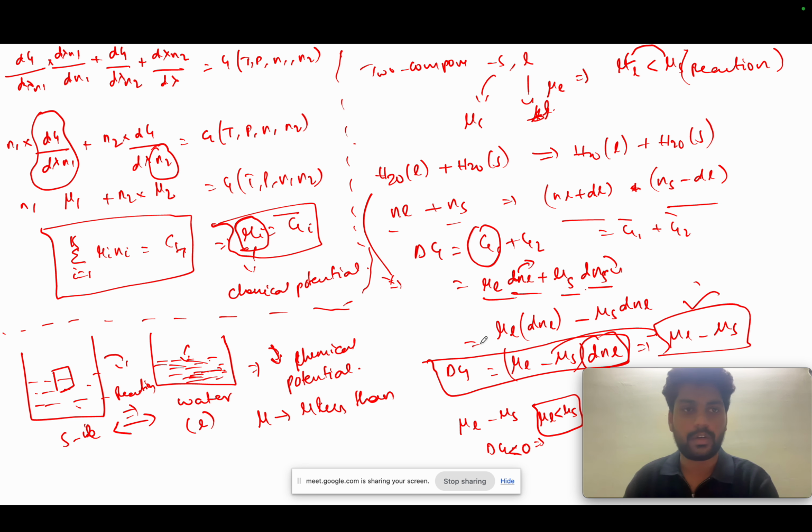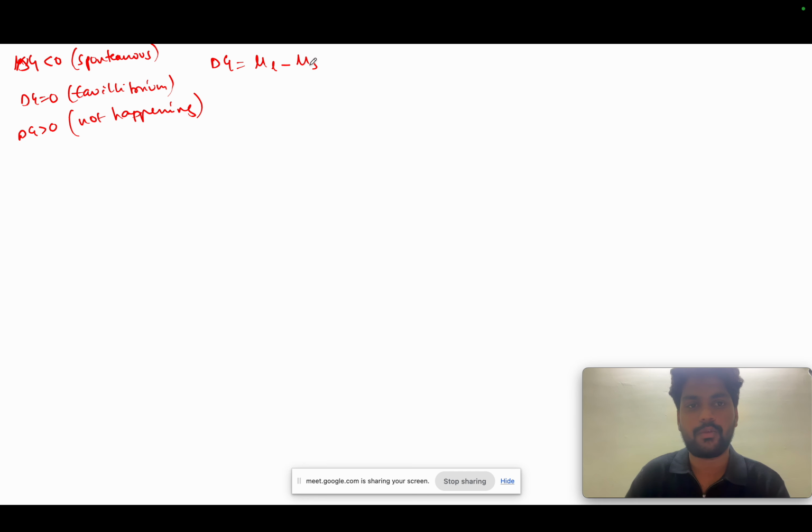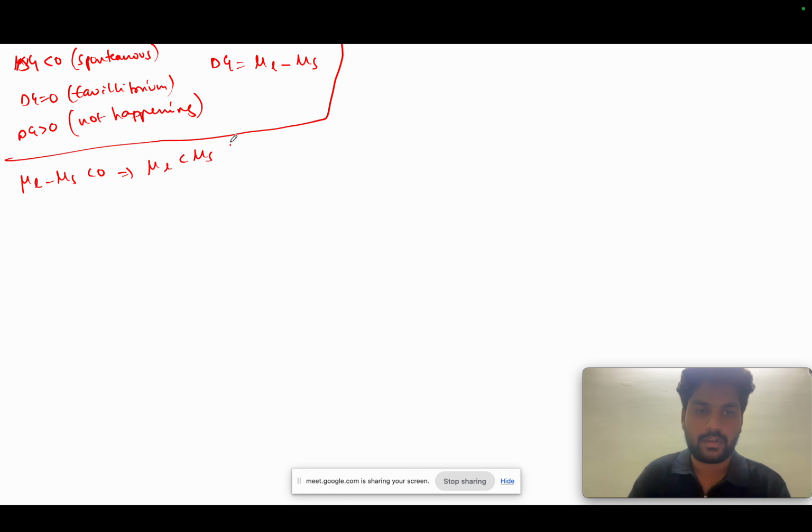Now we all know this is the case: delta G greater than 0, this is not happening. From the example which we have, we know that delta G equals mu L minus mu S. So if I take these conditions, mu L minus mu S less than 0 is spontaneous, I am writing spontaneous just for understanding.